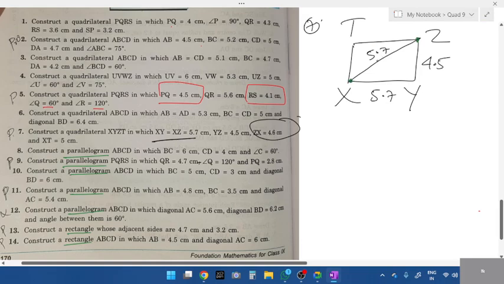What's the value of X and Z? 5.7. And it is also given ZX is what? 4.6. How can it be the same? Does it make any sense? Will it have two values? Yes. Respond, students. Will it have two values? No. So therefore, this is actually Z and T, I think. It was Z and T.